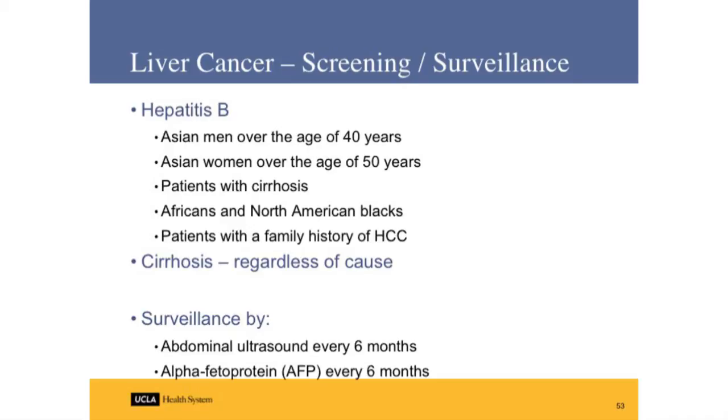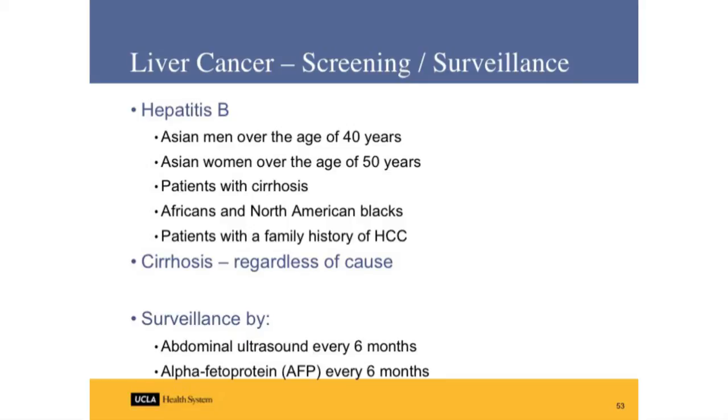It's recommended that Asian men over the age of 40 years, Asian women over the age of 50 years, we regularly monitor for hepatocellular carcinoma. All hepatitis B patients with cirrhosis should be regularly monitored.